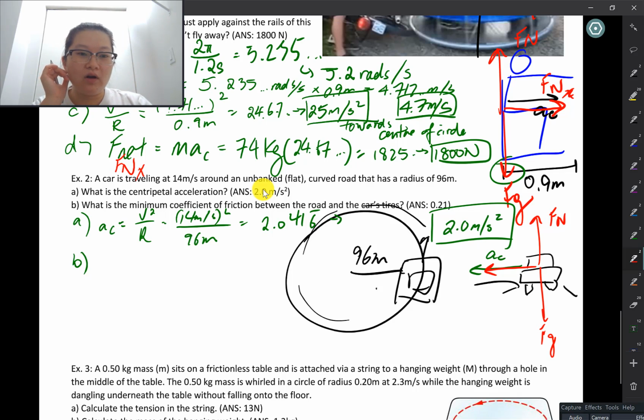Or imagine a heavy truck trying to turn a very sharp bend, or something going very fast around a curved bend and potentially losing it. So this force directed towards the center of the circle is the friction force.